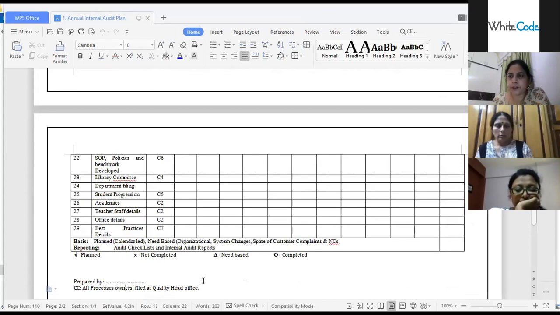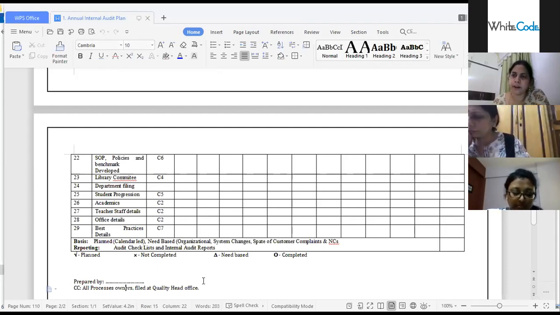That is, whenever you come across any kind of objective evidence and you have to suddenly do an audit which is unplanned, which is not there in the calendar, you call that need-based. Sometimes we raise a non-conformance, and to make clear that the non-conformance has been closed or the strategy has been followed, we do the need-based audit, that is, an unplanned audit. It was needed, that's why we have done it.